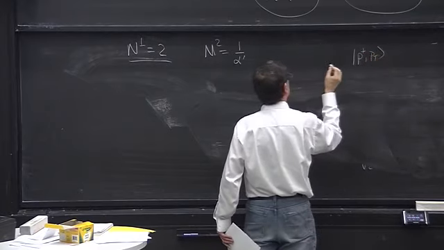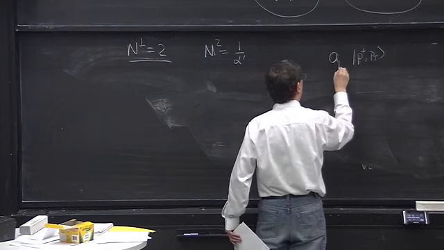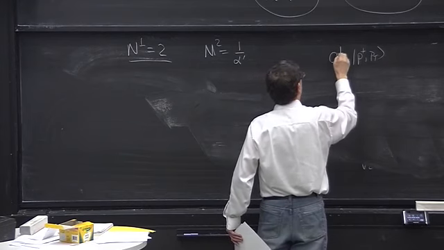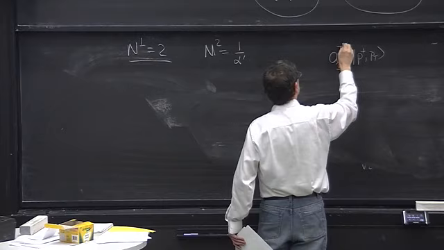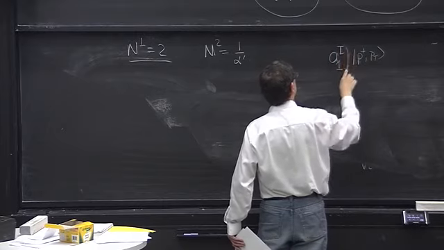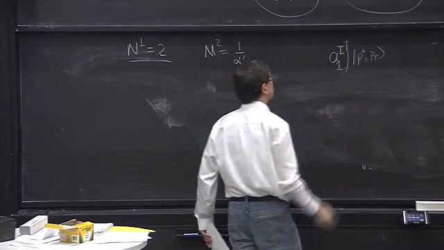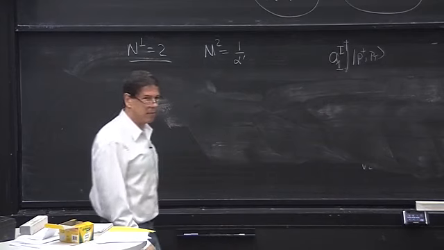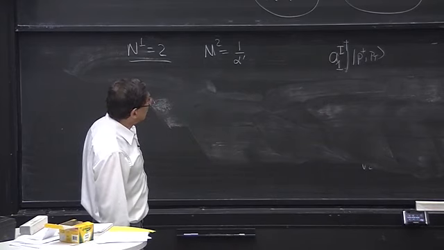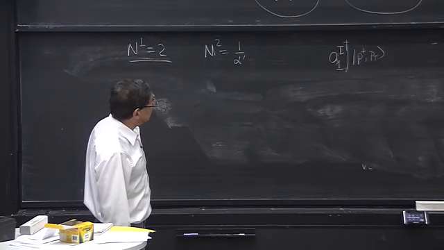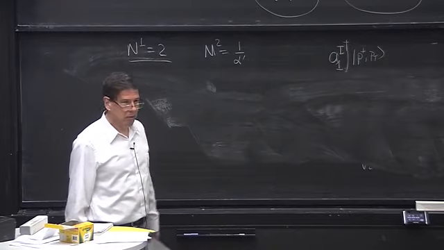So I can act, OK, I can act with A1, I, dagger, all these labels. 3 labels per oscillator. That's a lot of labels. Now, that would have n perp equal 1.